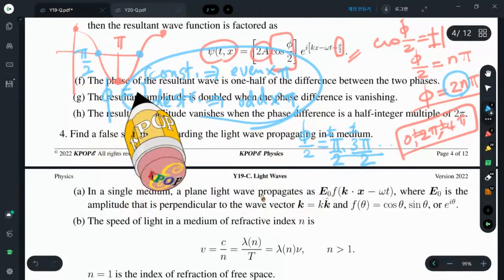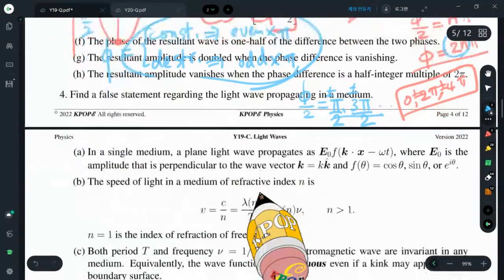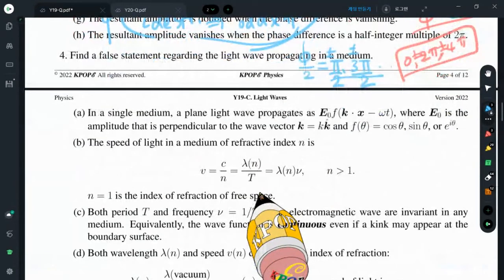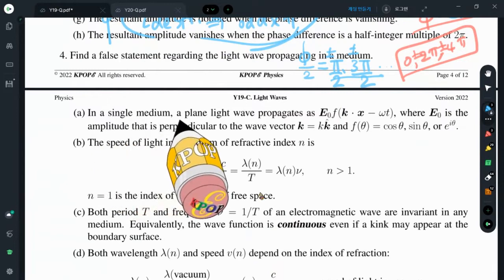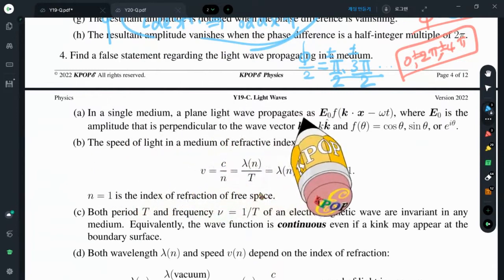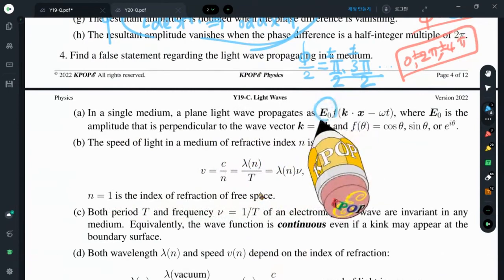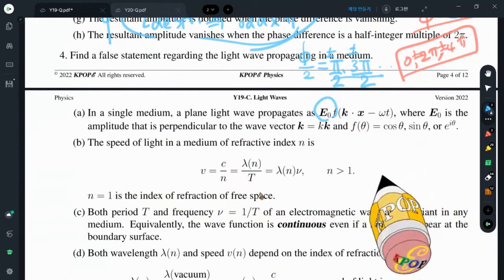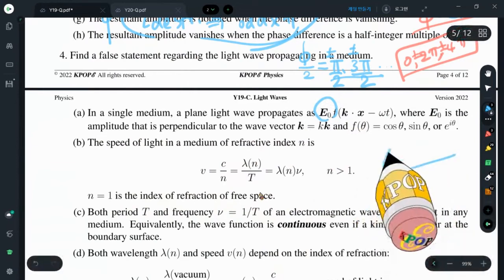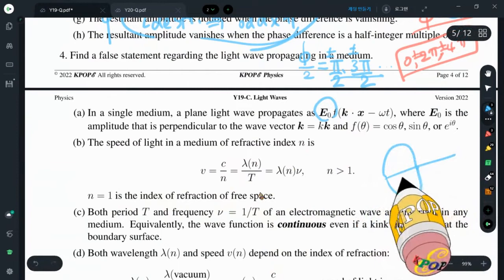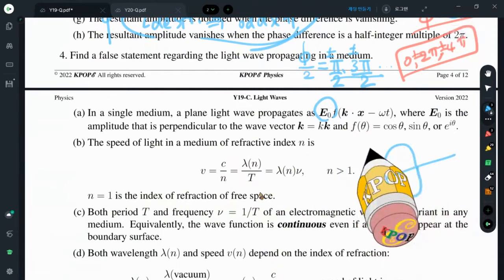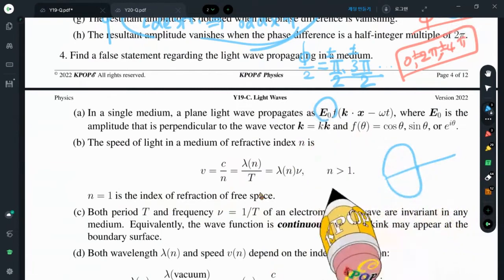What does phi equal? Find the full statement regarding the light wave propagating in a medium. In a single medium, a plane light wave propagates as, right now we consider the electric field only. As we know, the propagating magnetic field comes from the electric field as a carbon copy of the amplitude.